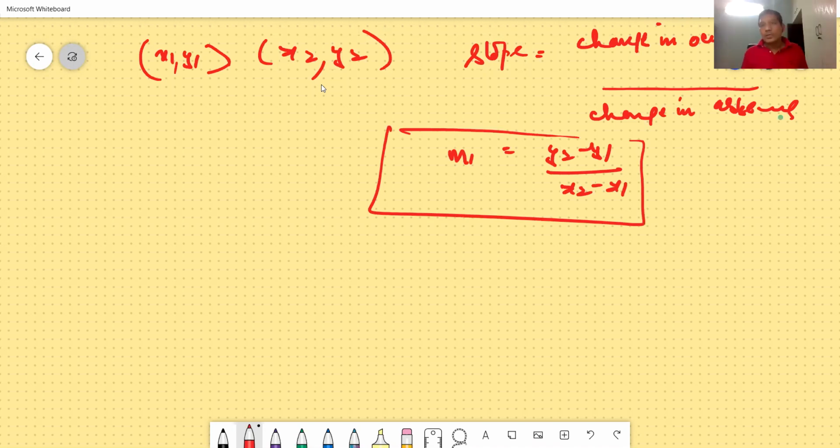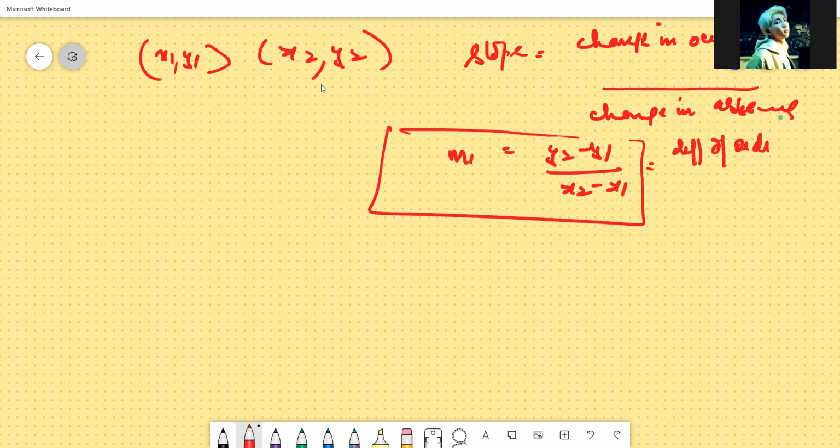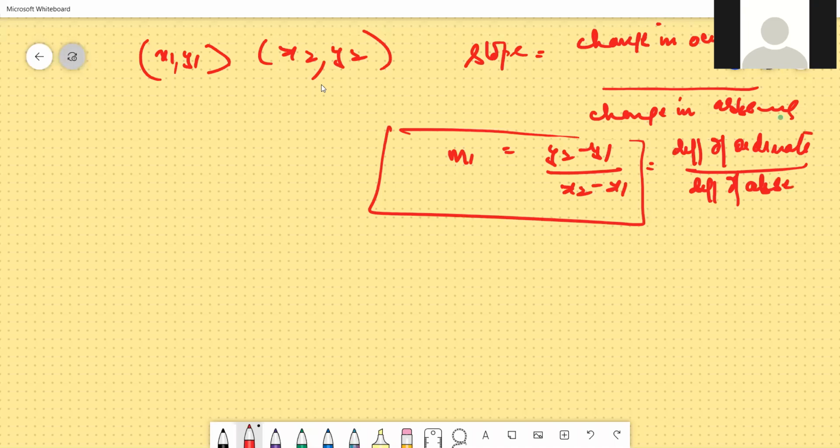So you can say the difference of ordinates upon the difference of abscissas. That would give you the value of the slope of a line. With this you get the slope of the line.